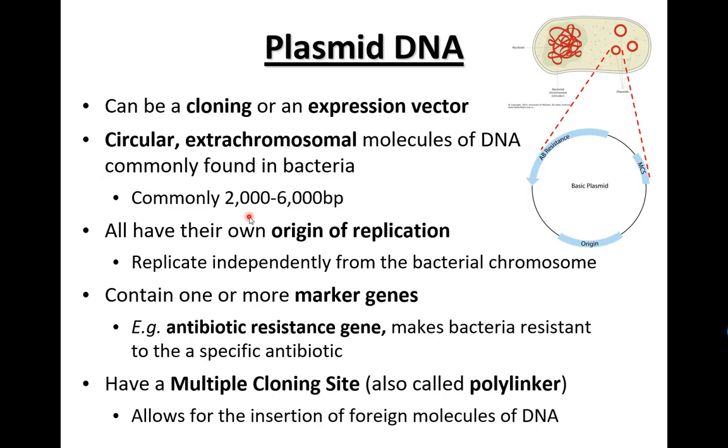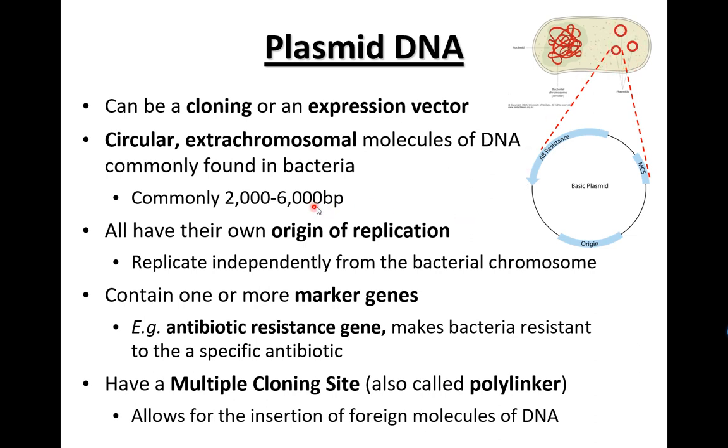Focusing on plasmid DNA. Now, these plasmid DNA molecules, as I anticipated earlier, are circular molecules of DNA which are extrachromosomal. They're normally found in bacteria, but they are not part of the bacterial chromosome. They are completely independent from the bacteria.